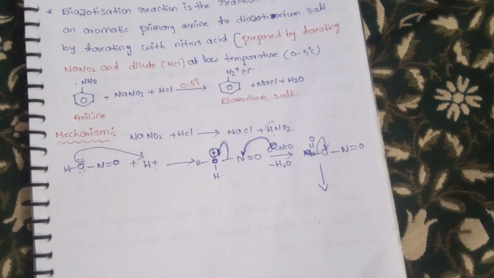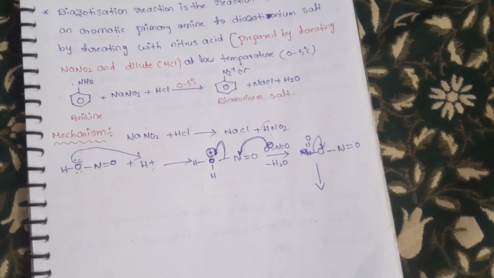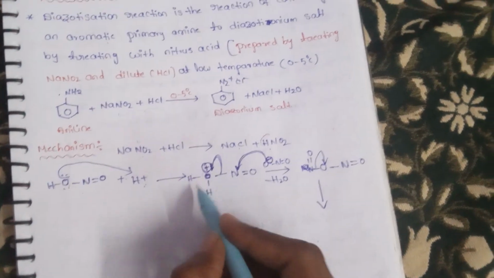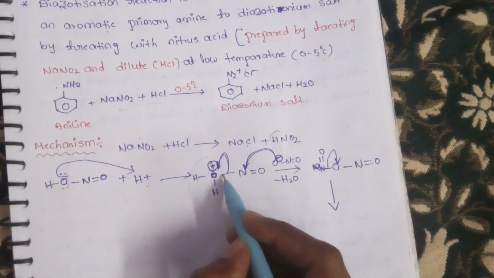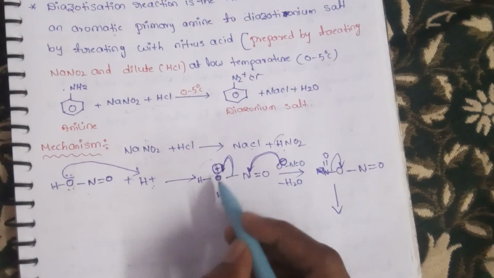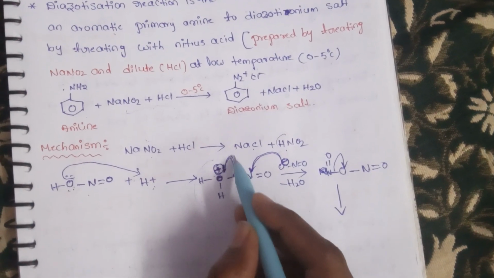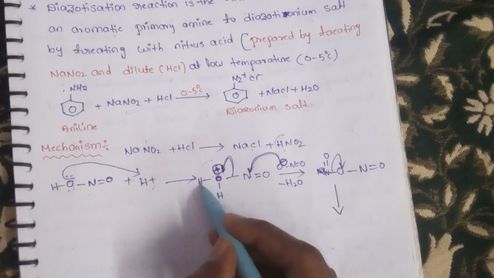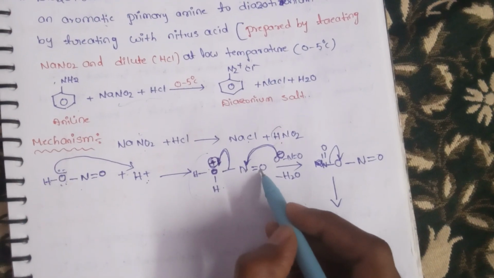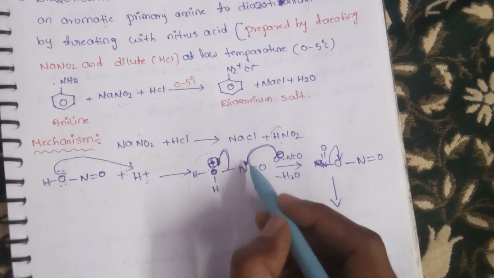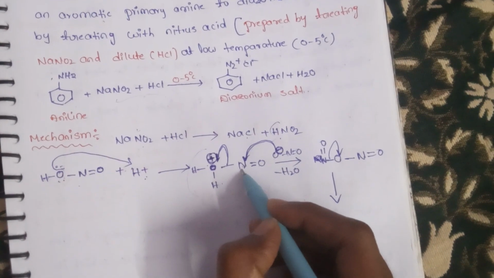So now H2O will be removed. That means you have to nullify this positive charge and break this, so H2O is removed. N double bond O, this ONO, is bonded with this nitrogen.